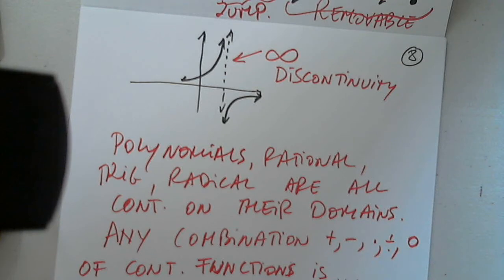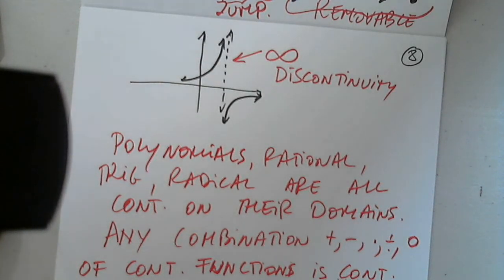Continuous. Absolutely, thank you very much. If I add two continuous functions, I create a new continuous function. If I multiply two continuous functions, I will get a new continuous function. If I subtract, multiply, compose, and so on, they will all be continuous. If I multiply by a constant, I will get a continuous function.